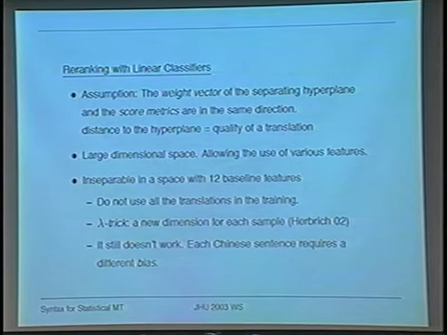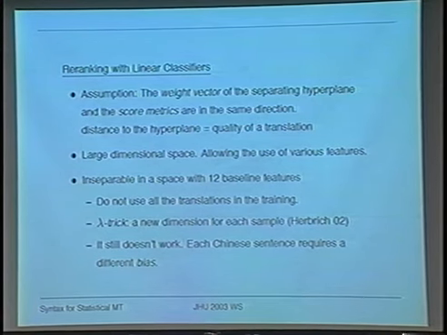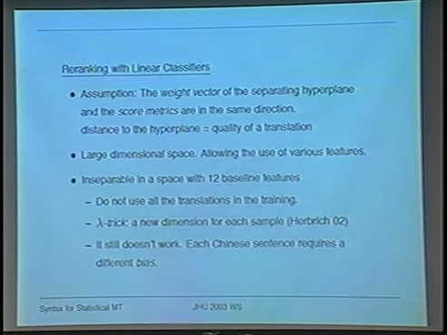The advantage of using this class of discriminative learning is that we can use a huge dimension space, and with that we can use individual syntactic structures as features. And this method has been shown to be very useful in parse ranking.